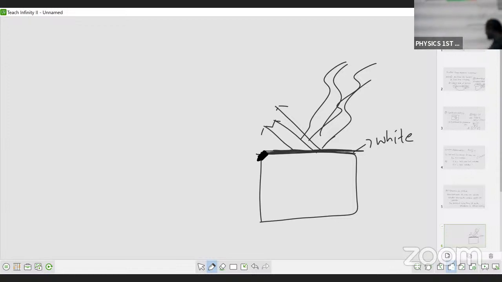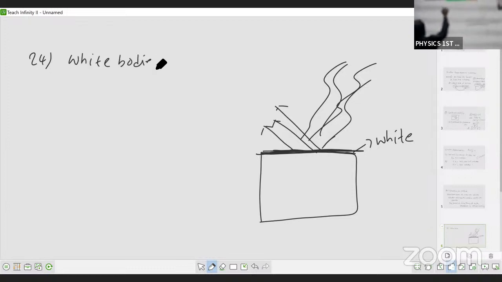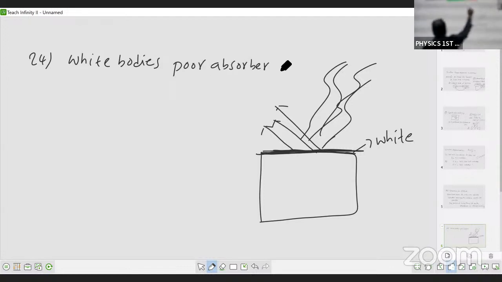White bodies act as reflectors. Now we are writing the answer. Poor absorber.